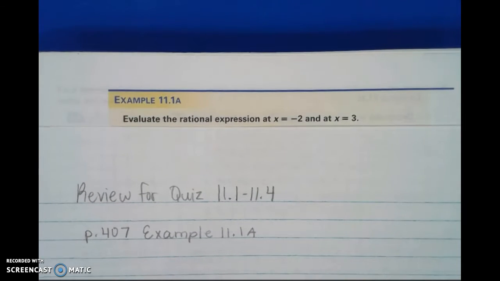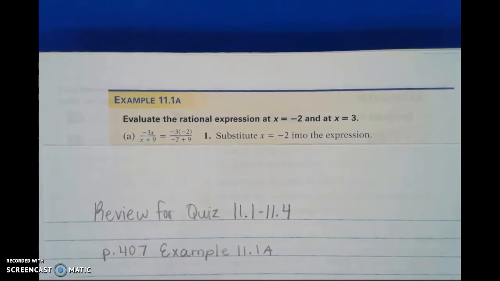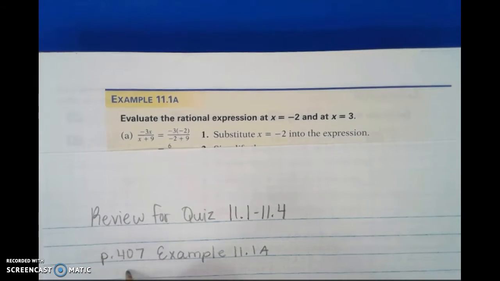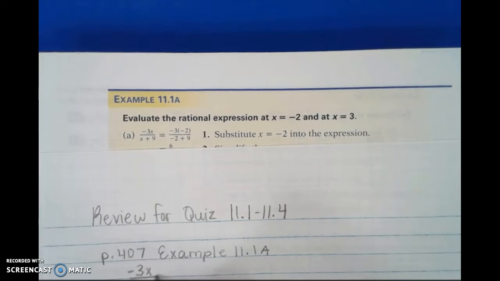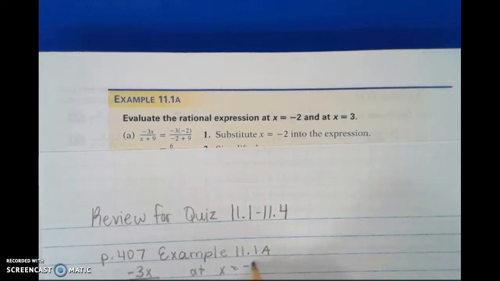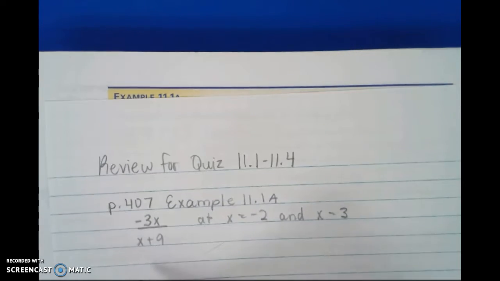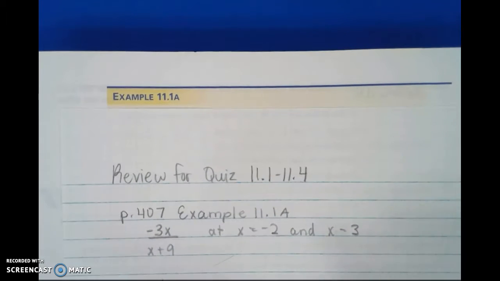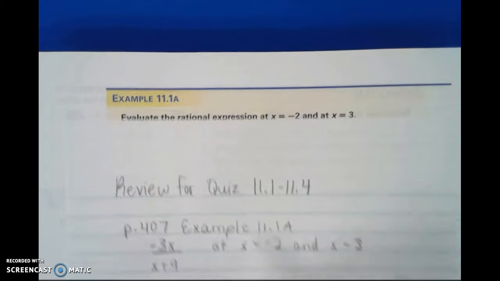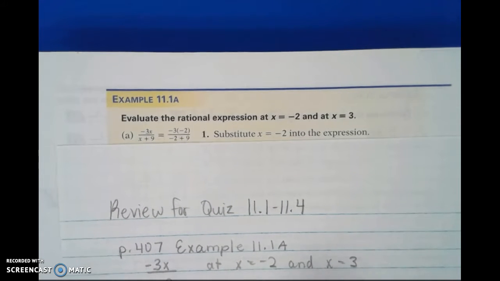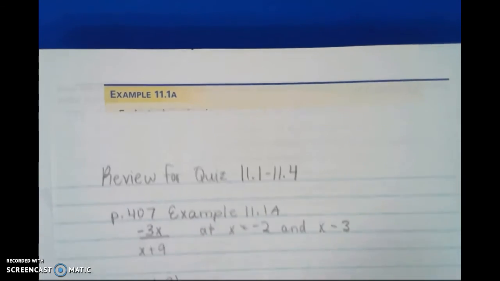This is your problem in your book, and we need to evaluate -3x over x plus 9 at x equals -2 and x equals 3. Evaluate simply means plug in the values and solve. So you will write -3 times -2 and -2 plus 9.